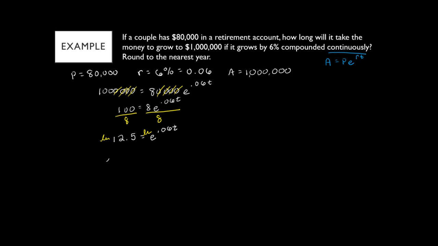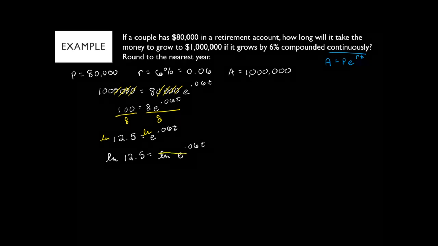But then I will actually rewrite it just so it looks nicer. And I always do my natural log in cursive, just because otherwise it looks like a 1n and it can get confusing. So I write it in cursive so that I know exactly what I've got.